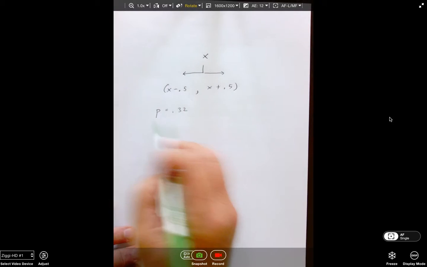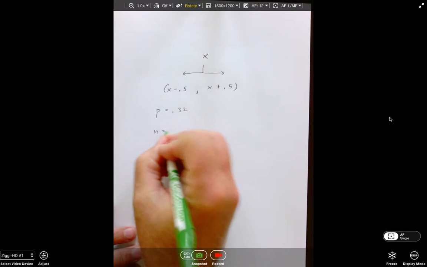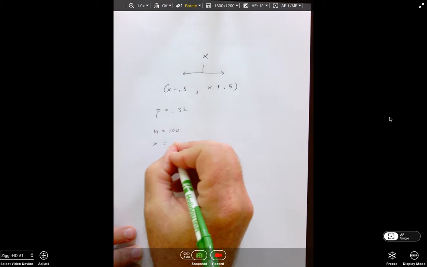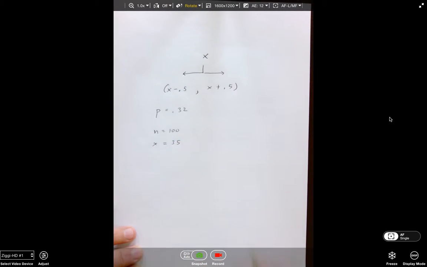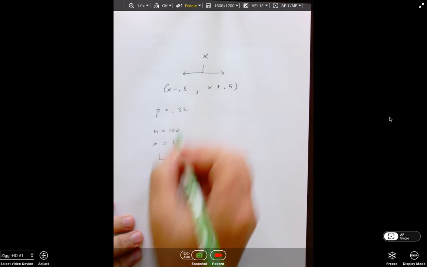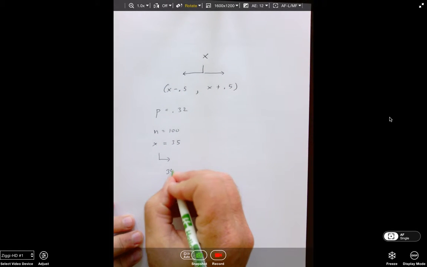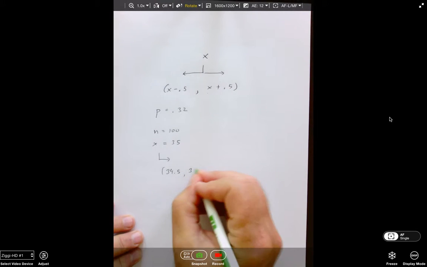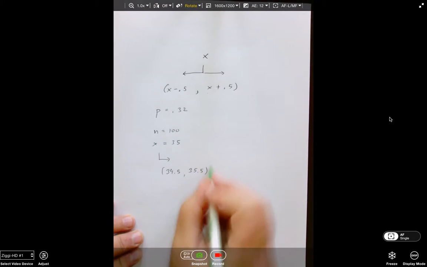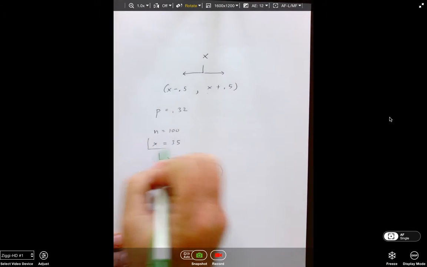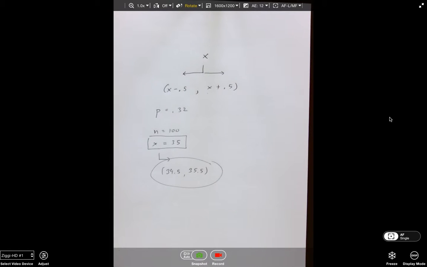I go out in this population and I do 100 trials. I find that of the 100, I had 35 successes. I have to create this interval around 35 by taking minus 0.5, plus 0.5. And my focus becomes on this interval and not the count of x equal 35.